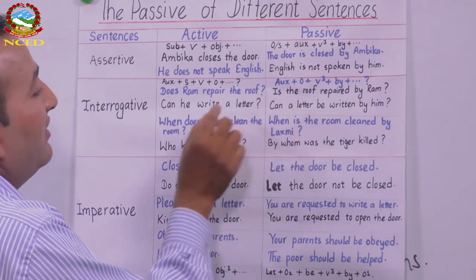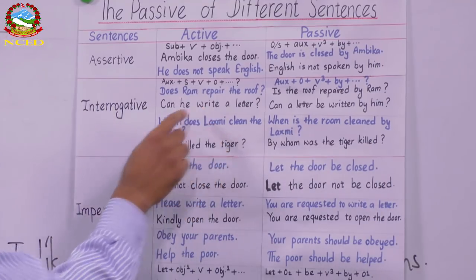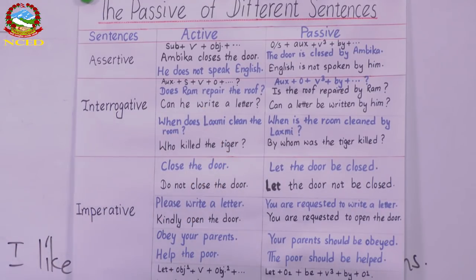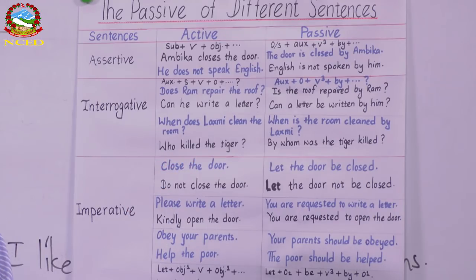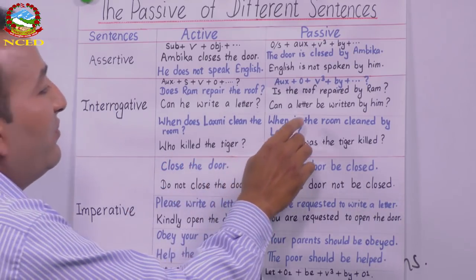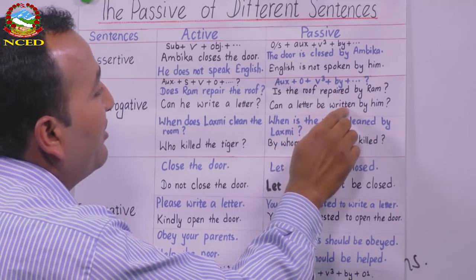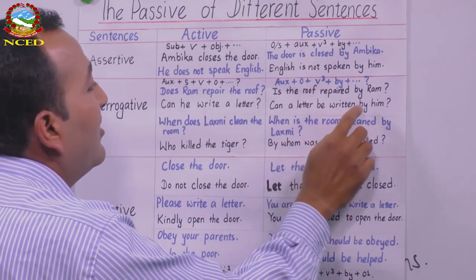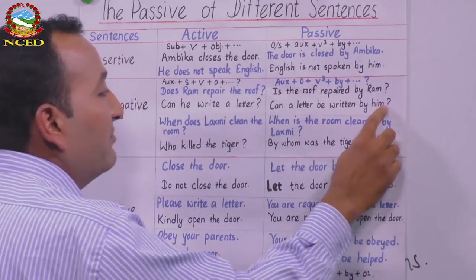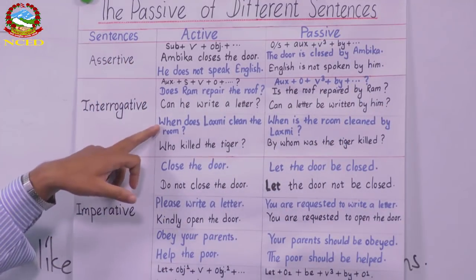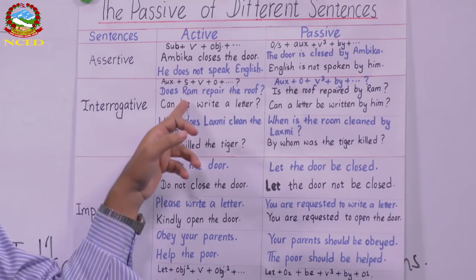Can a letter, and there is verb 1. If there is verb 1 after can, could, may, might or modal auxiliary verbs, we use be plus verb 3. We have just talked about that. So we write be plus verb 3, be written, write verb 3 written. Again, by he is changed into him. For yes/no questions, this is the rule.